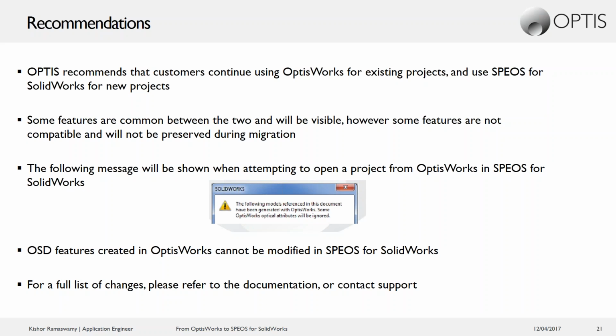So if you open an OPTISWORKS project inside of SPEOS for SOLIDWORKS, you will firstly get the following message. So it will warn you that some properties and some attributes and some features were generated inside of OPTISWORKS and will either be ignored or were not successfully migrated.